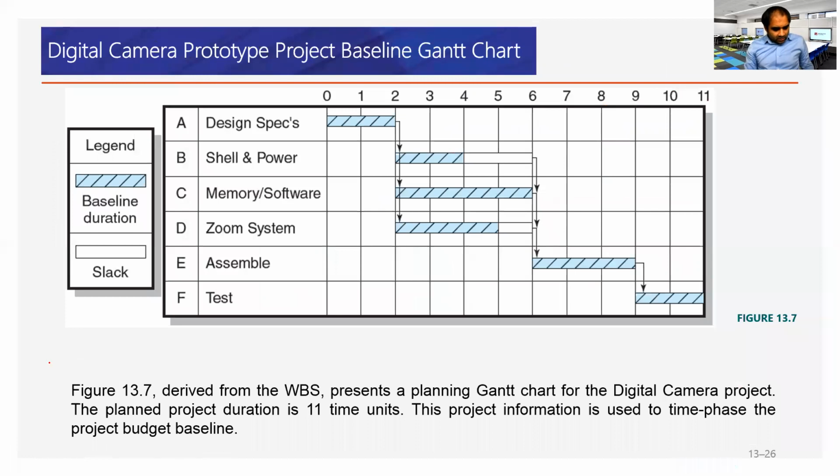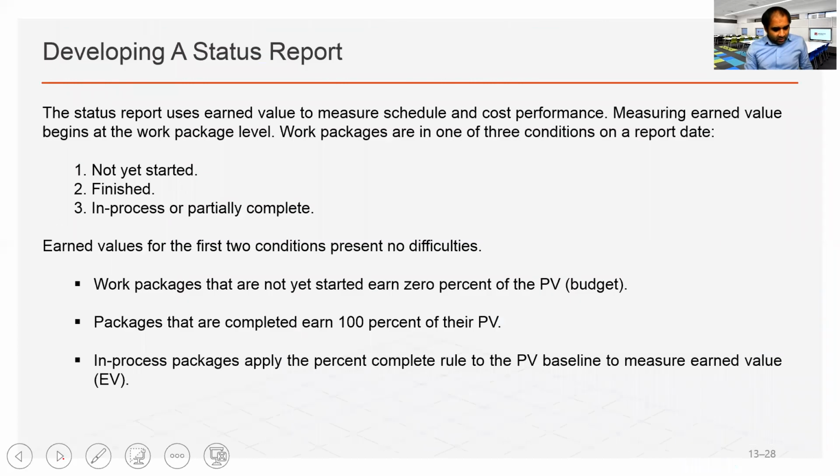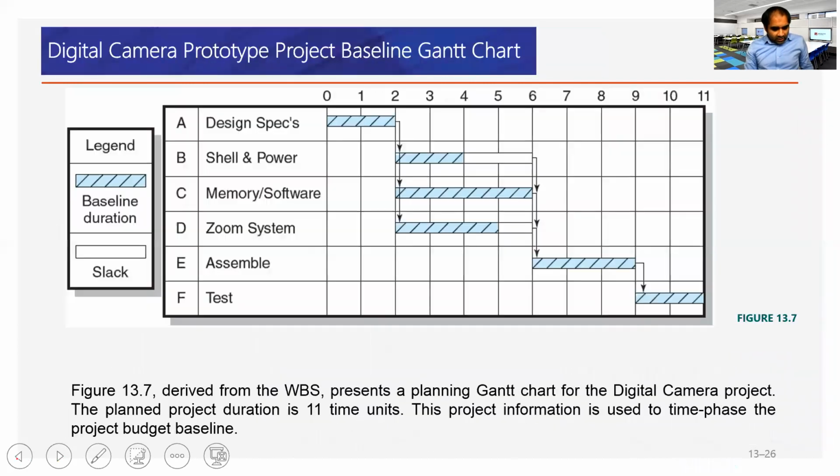Baseline. Now these are some figures that show us how we can calculate the planned value. If we take the example of the digital camera prototype from the baseline Gantt chart, we know that there are a number of activities from A, B, C, D, E, F. What is the duration of each activity?